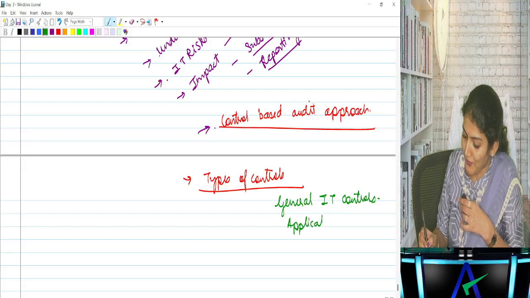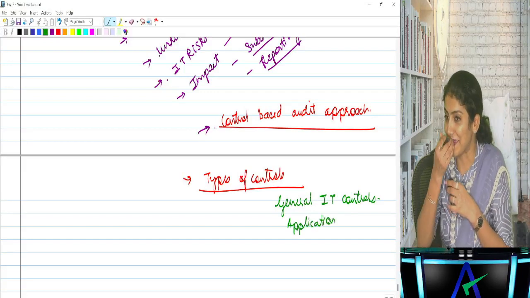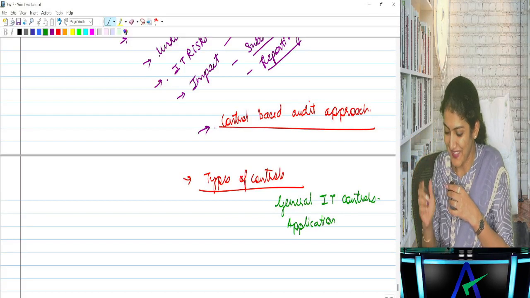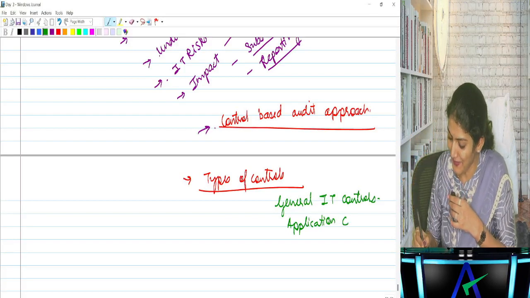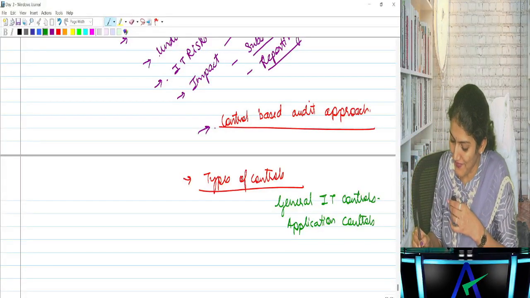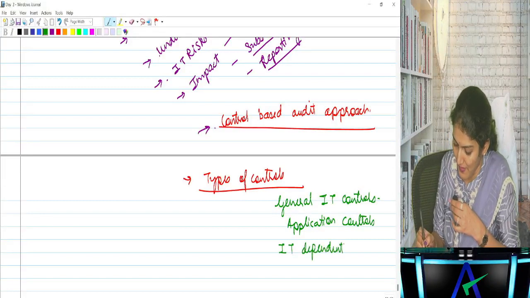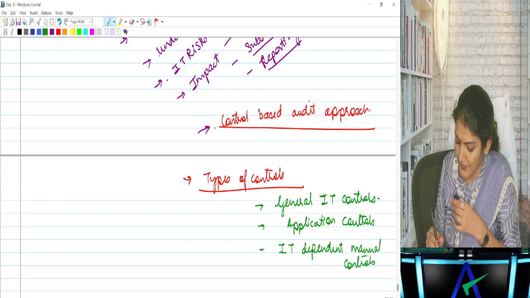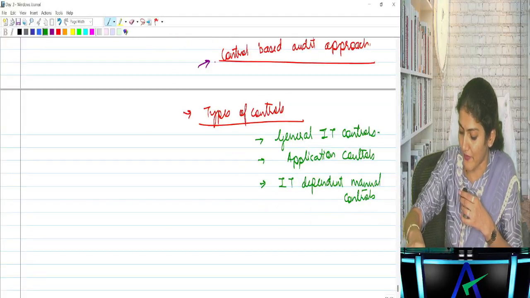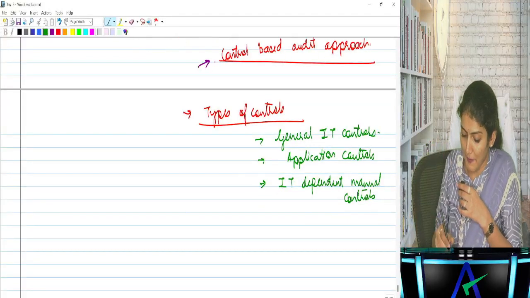When you say general, then the second has to be specific. So general IT controls, application controls, and also the IT dependent manual controls.